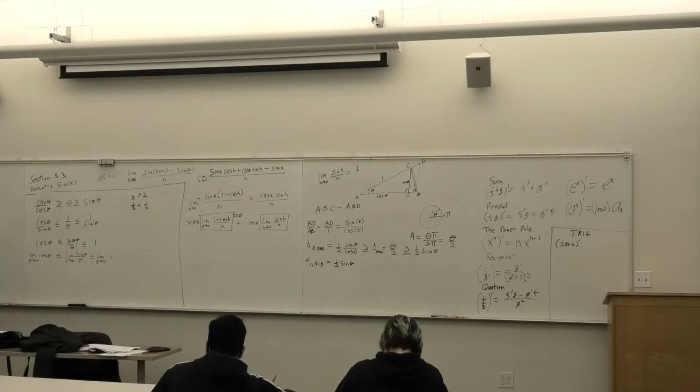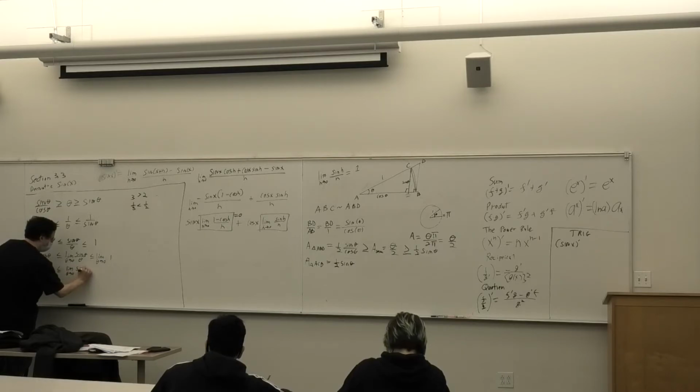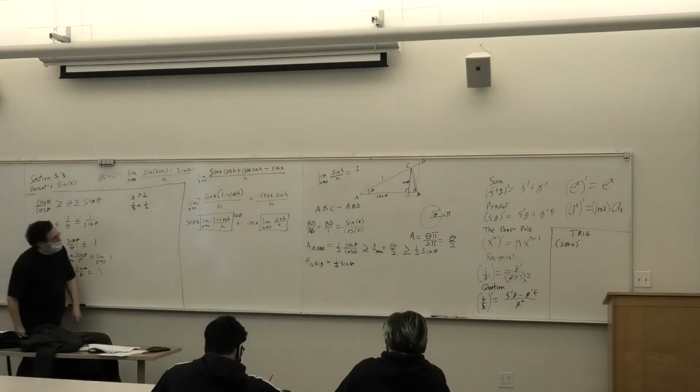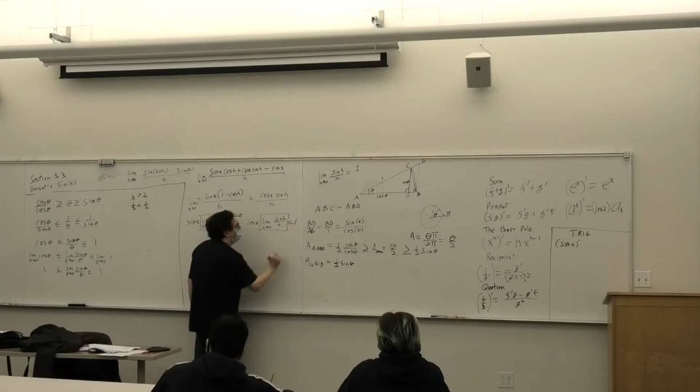Well, as theta goes to 0, what does cosine go to? 1. Just 1. And what does 1 go to as theta goes to 0? Well, it goes to 1. So by the squeeze theorem, sine of theta over theta as theta goes to 0 goes to 1, or if you like, sine of h over h as h goes to 0 is 1.